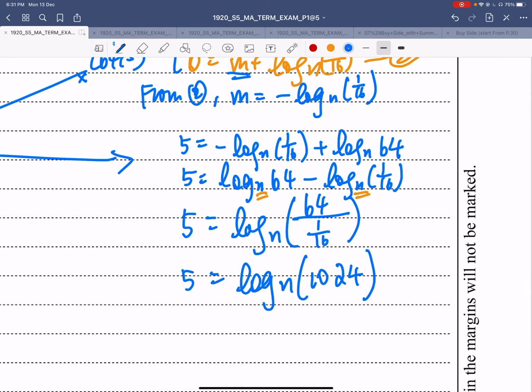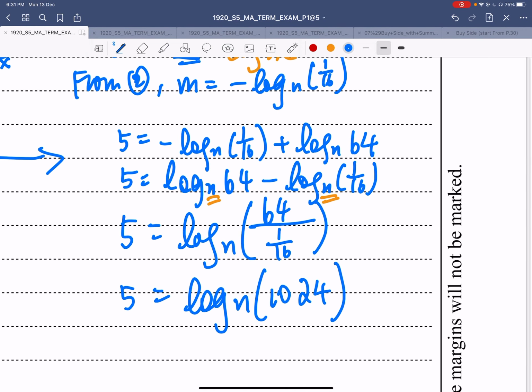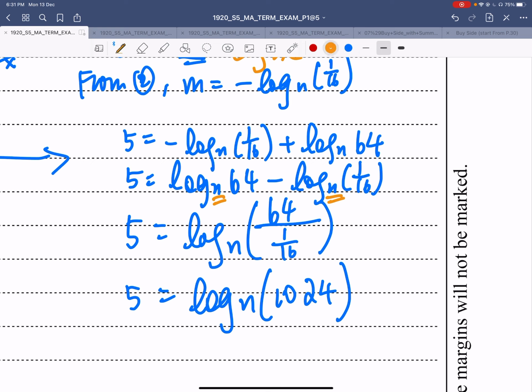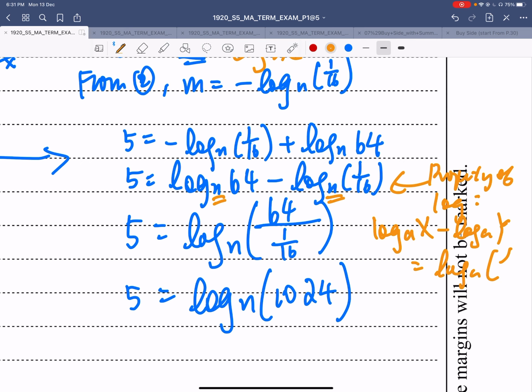This is the first property of logarithm. You can use the property of log that log a x minus log a y equals log a x over y.